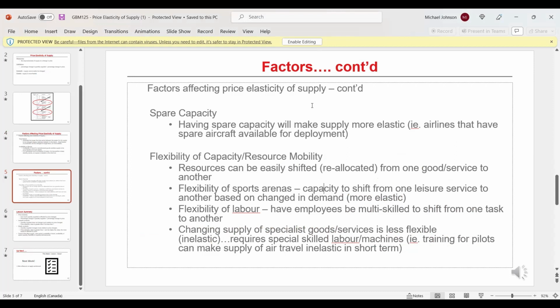Flexibility of sports arenas: capacity to shift from one leisure service to another based on changes in demand is more elastic. Flexibility of labor: employees have to be multi-skilled to shift from one task to another. That's hard. People need to be retrained to get new skills.